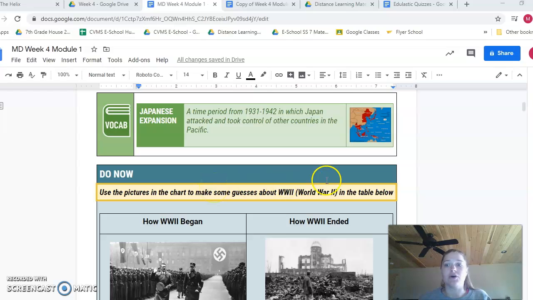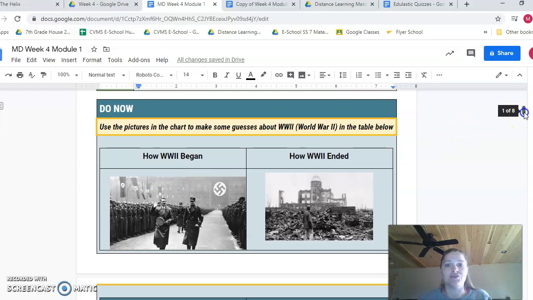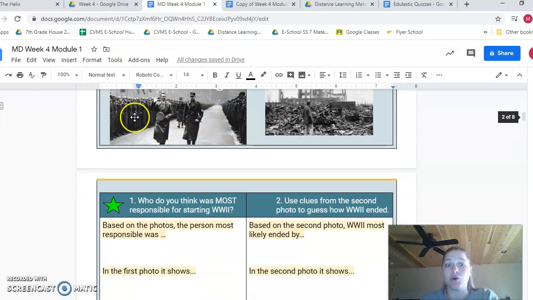Okay. So the do now for today is you're going to look at these two pictures and complete the questions below. Question 1 is, who do you think was most responsible for starting World War II? Based off of the first photo, the person most responsible was, and in this first photo it shows.